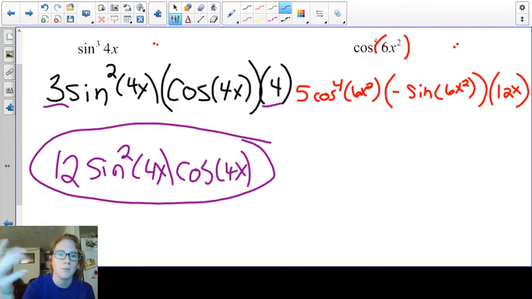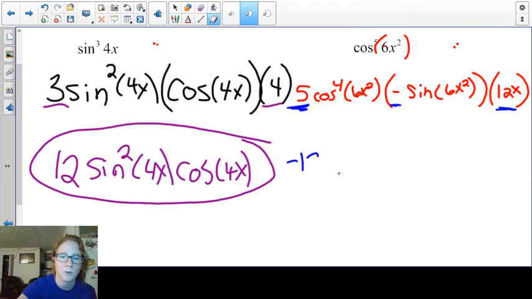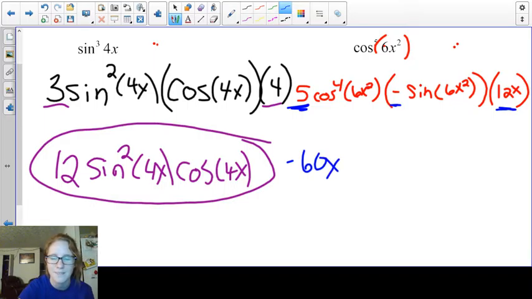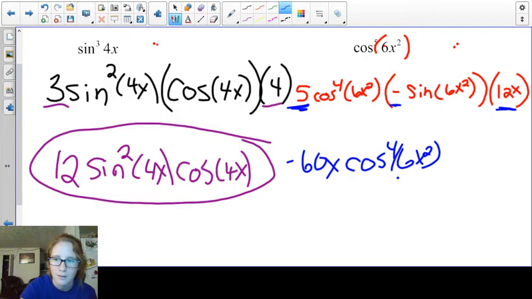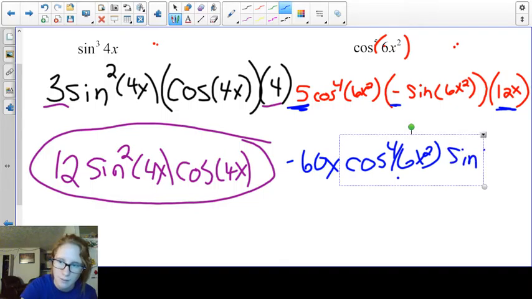Now we're going to look to multiply things together. I've got that 5, the negative sign, and the 12x. So negative 12 times 5 gives me 60. So I have negative 60x cosine to the 4th of 6x squared, sine of 6x squared.